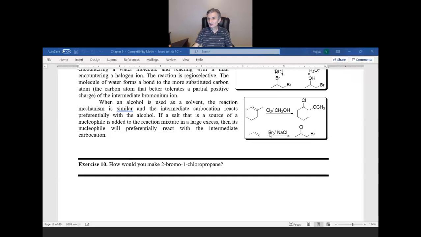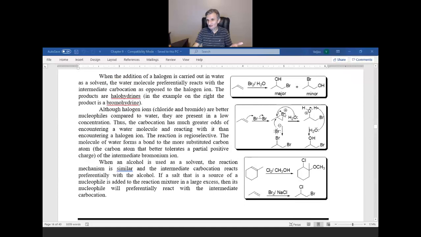And of course we form, in this case, bromonium ion, and then the anion adds to the more substituted carbon. That's because in this bromonium cation, the more substituted carbon better tolerates positive charge and carries a greater degree of positive charge.